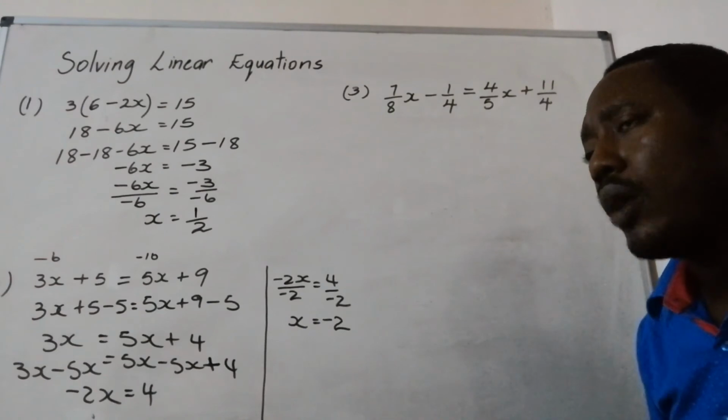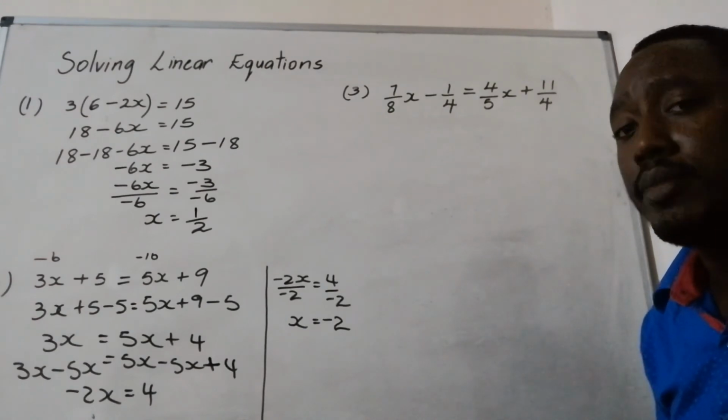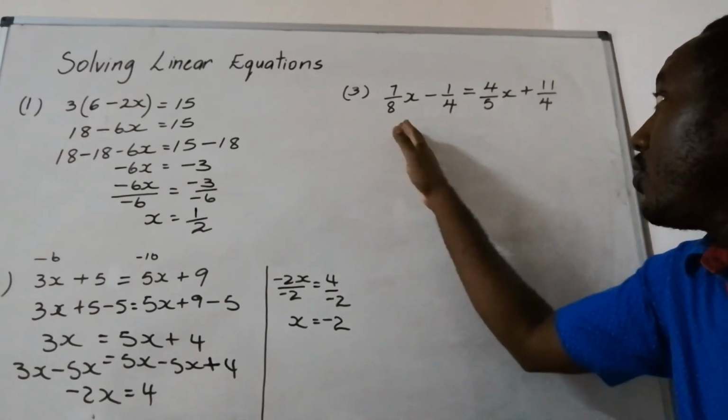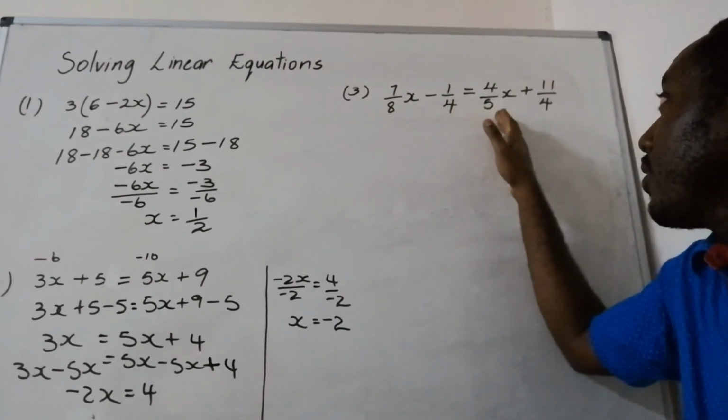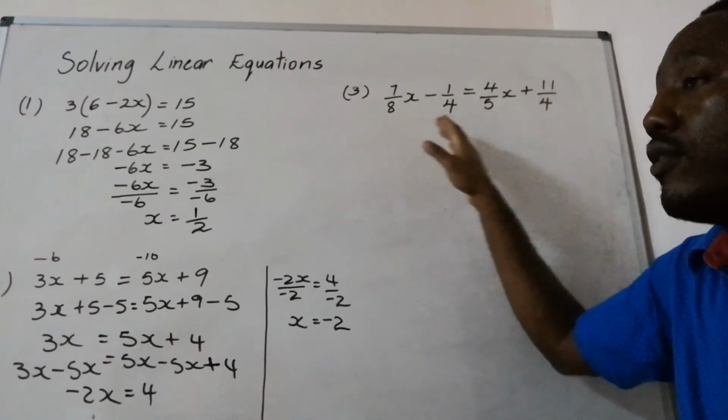So, what we'll have to do is multiply each expression here by 40.